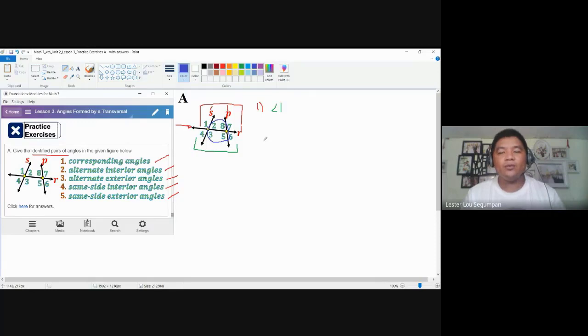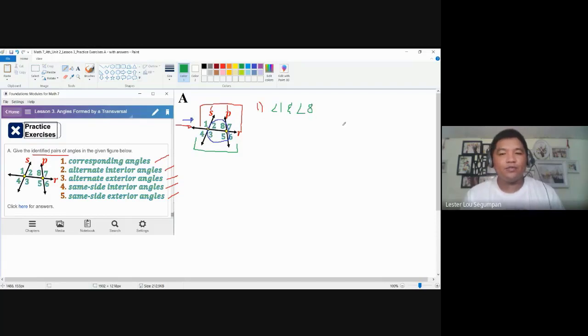So if the third condition is that the pair must have one angle on the exterior and the other in the interior, angle 1 is already found on the exterior. Since its pair could only be angles 8 and 7, we are going to pick the angle which is in the interior, and that is actually angle 8. So the first pair of corresponding angles are angles 1 and 8.